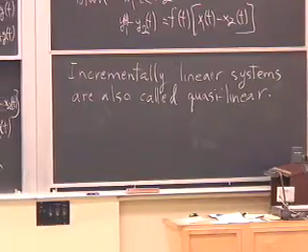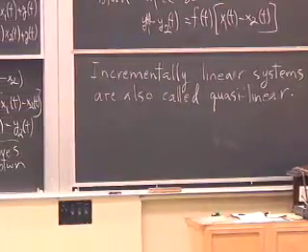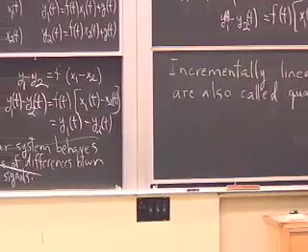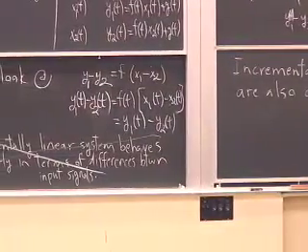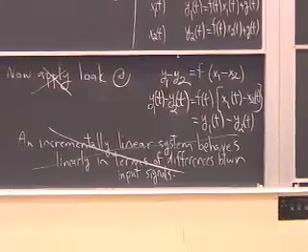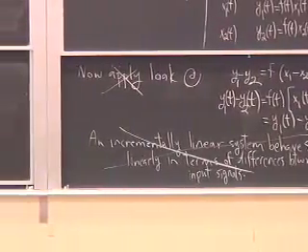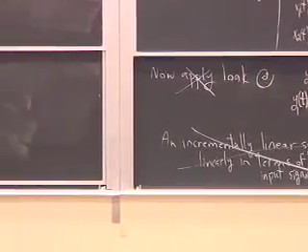Now, I want to give you a little bit more of an abstract definition of systems. Remember, the view we take of systems involves input signals, output signals, an input signal space, and an output signal space.